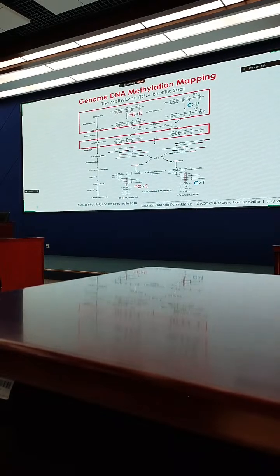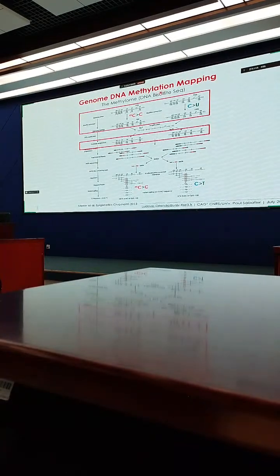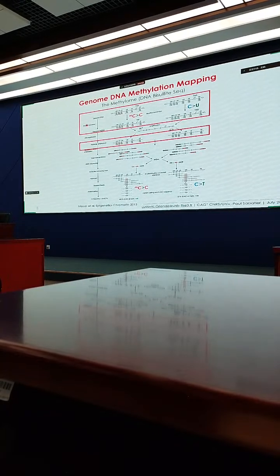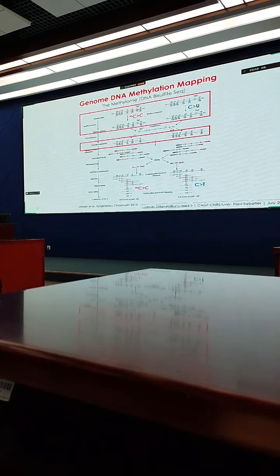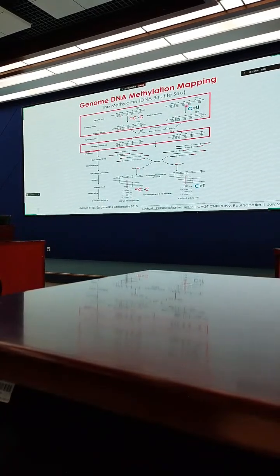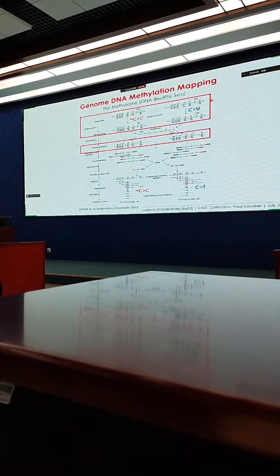And so one of the assays that people are doing to actually know where the genome is methylated is to treat the DNA with bisulfite, and bisulfite is a chemical product that actually transforms the cytosines, the Cs that are not methylated, into uracil. Right? C is transformed chemically into U, okay?